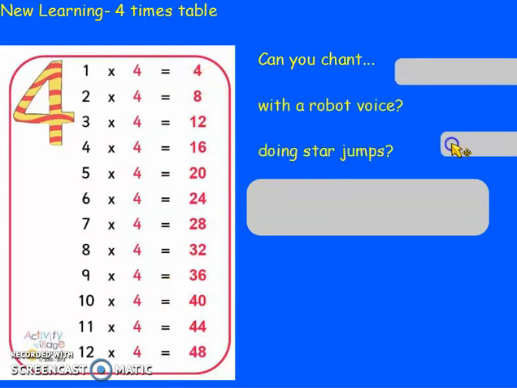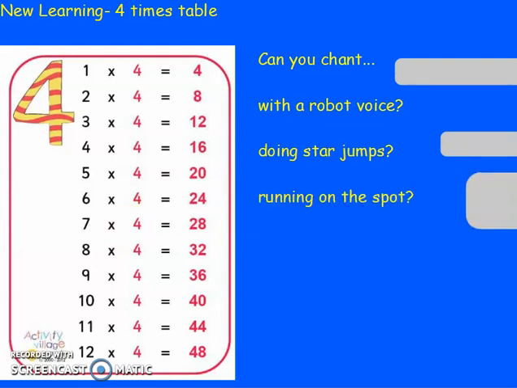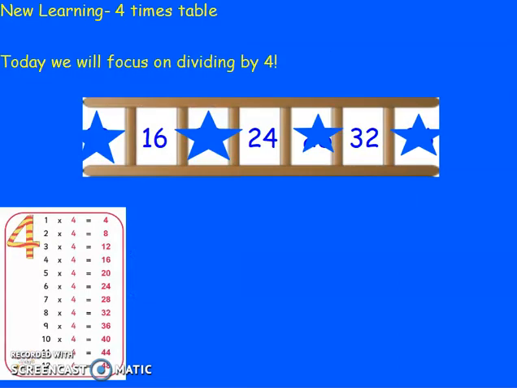Can you chant this doing star jumps? And can you chant this running on the spot? Pause the video to give yourself some time. Fantastic, everybody. So today we're focusing on dividing by 4, but again let's do a little recap.